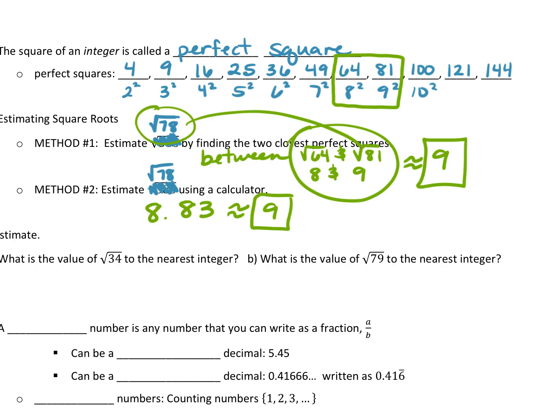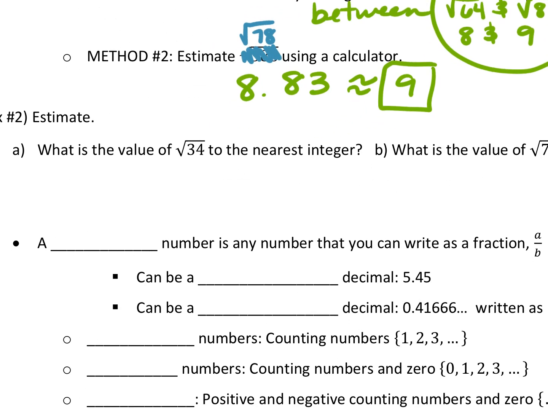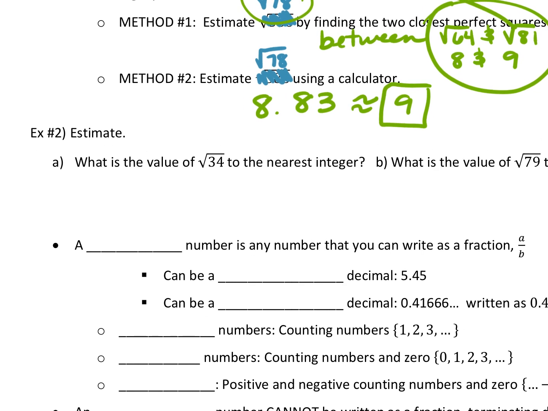Do you want to try one more? Okay, let's try example 2. What is the value of the square root of 34 to the nearest integer, nearest whole number? So the square root of 34, it's going to be between which two perfect squares? 25 and 36.